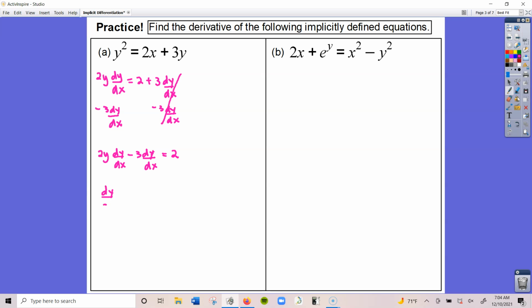So dy dx, and then I open my parentheses. I already took out the dy dx, so I have this 2y minus 3. And that's going to equal to 2. Now I divide. So my derivative, dy dx, is going to equal to 2 over 2y minus 3.